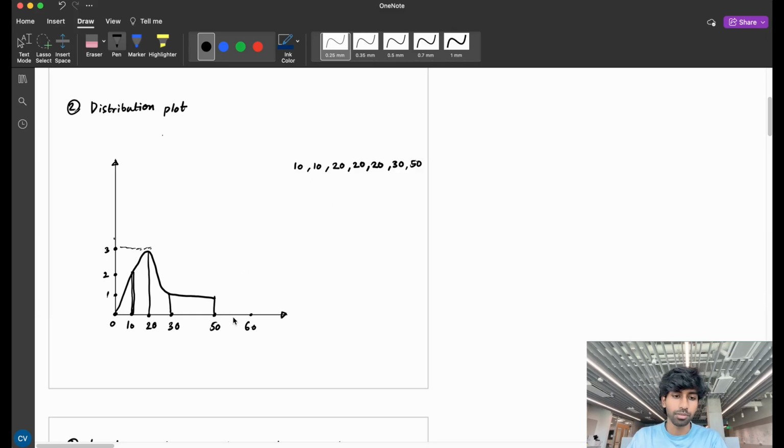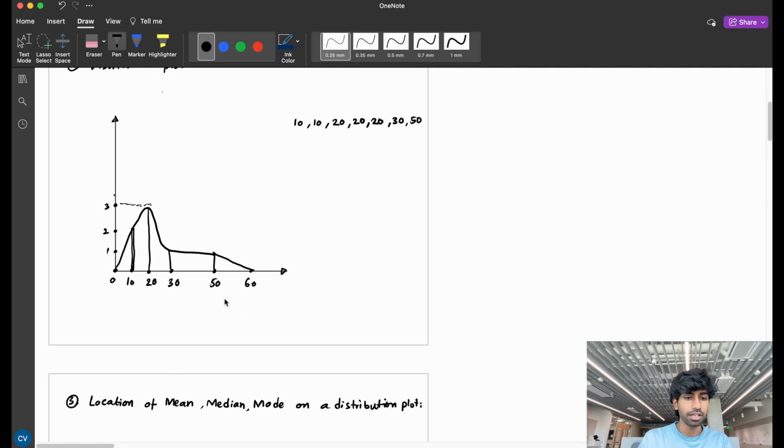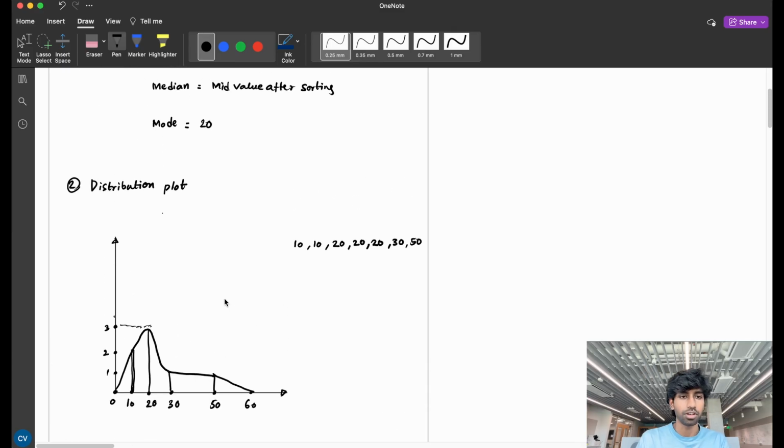So that will go like this. So this is a distribution plot. Now from the frequency analysis itself, we got a distribution of this entire data that we have. So now we have understood what this distribution plot is. Let's try to locate mean, median and mode on this distribution plot.